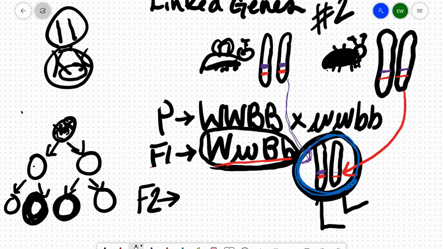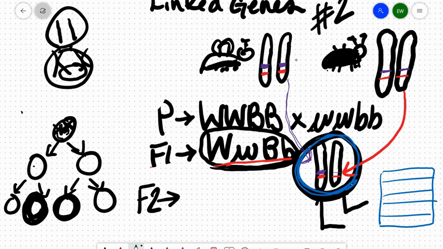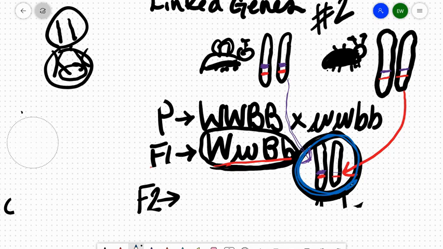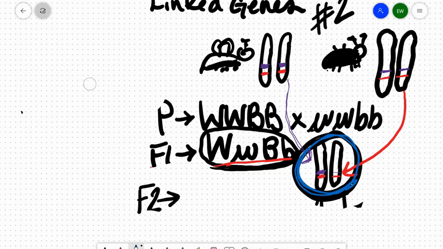And that's why whenever we do our F2 chart, remember whenever we say, okay, what did the offspring have? We're drawing this little chart, and it's ridiculously small, so I'm just going to erase that. I'll put it over here on the left-hand side.